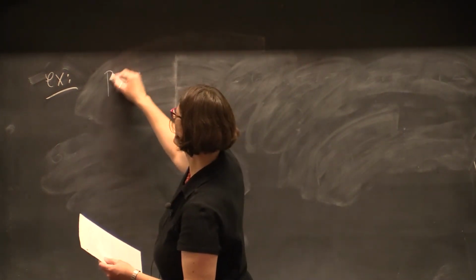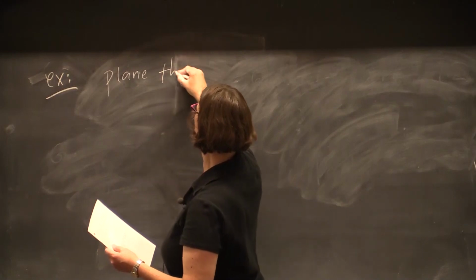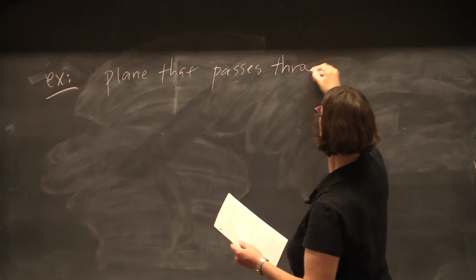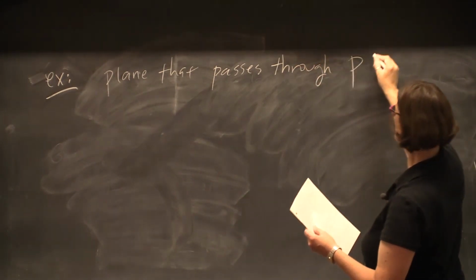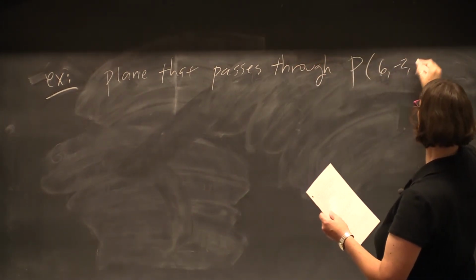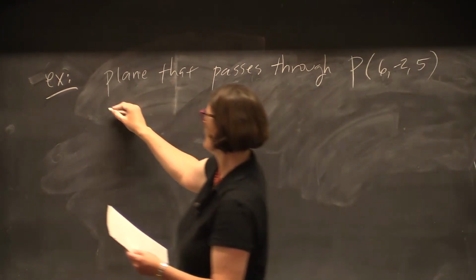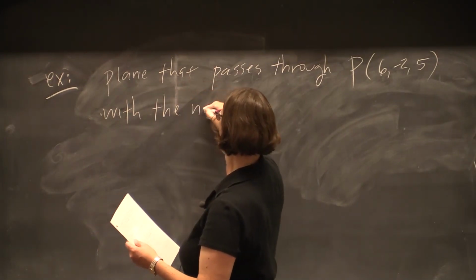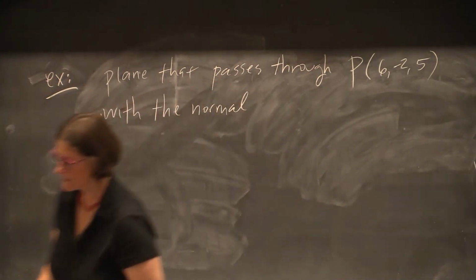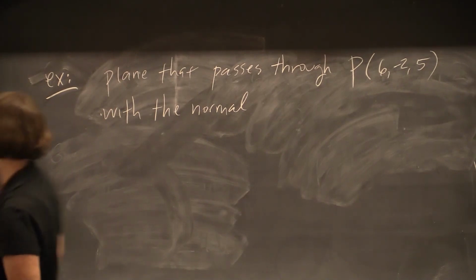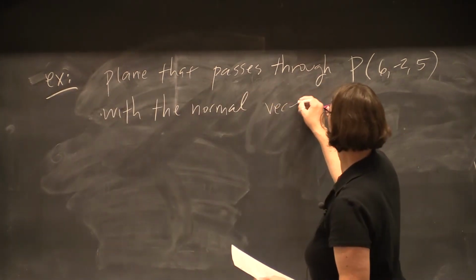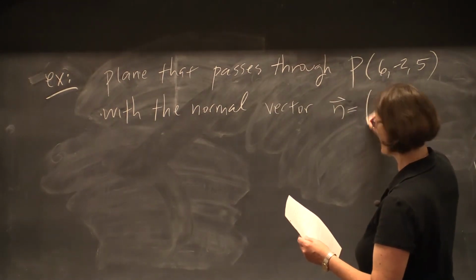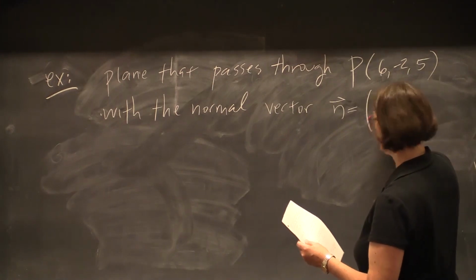So I'm asked for the plane that passes through the point P (6, -2, 5), and with the normal vector N equal to (4, -2, 1).